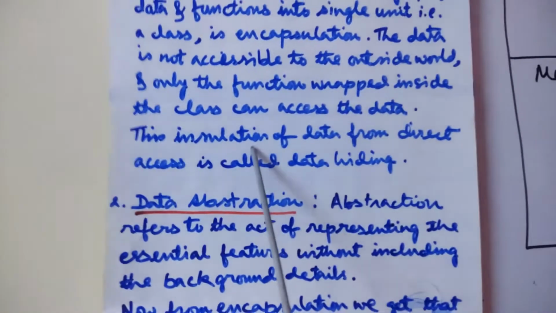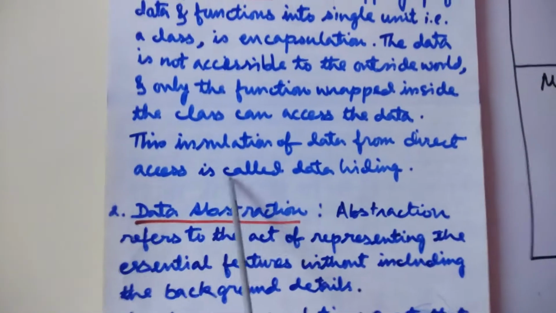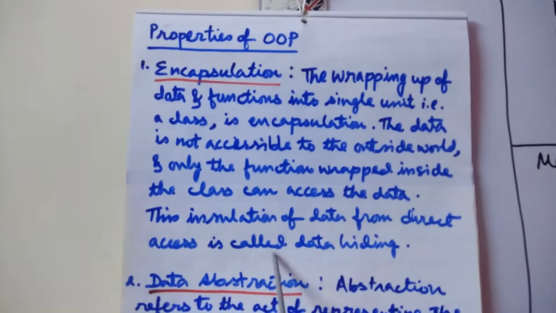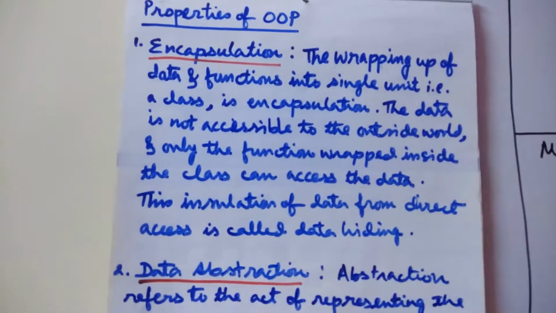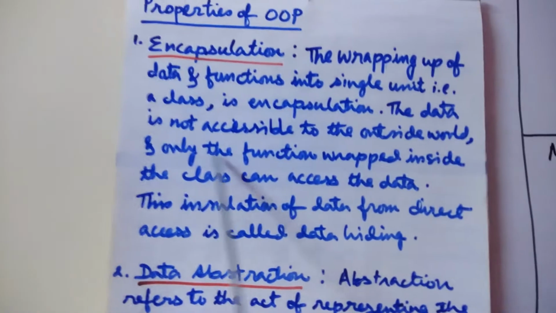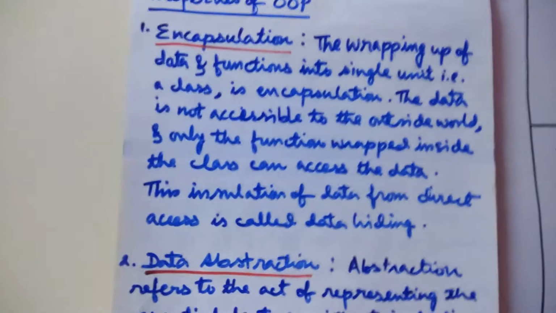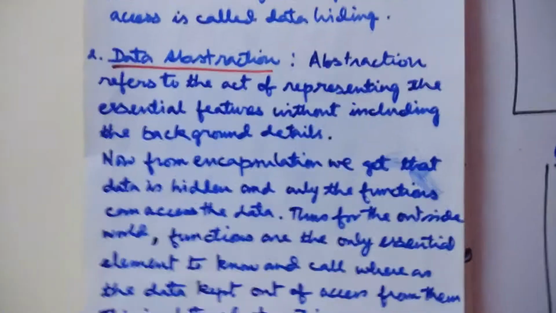Thus, this insulation of data from direct access from outside is called data hiding. So encapsulation leads to data hiding. You are hiding the data from the outside world and keeping it safe inside the class where you have the functions that access the data. Now what is data abstraction?